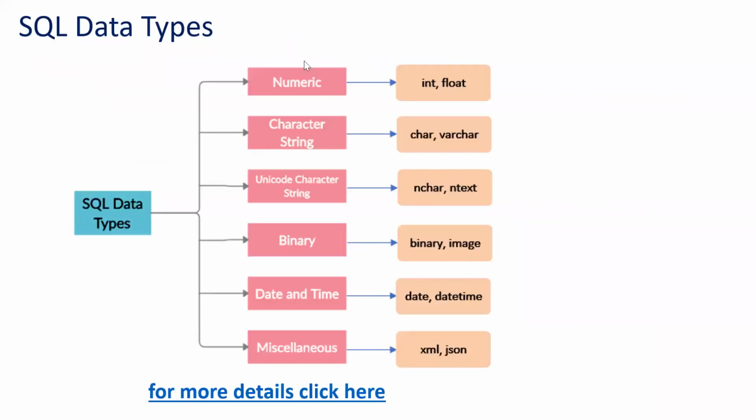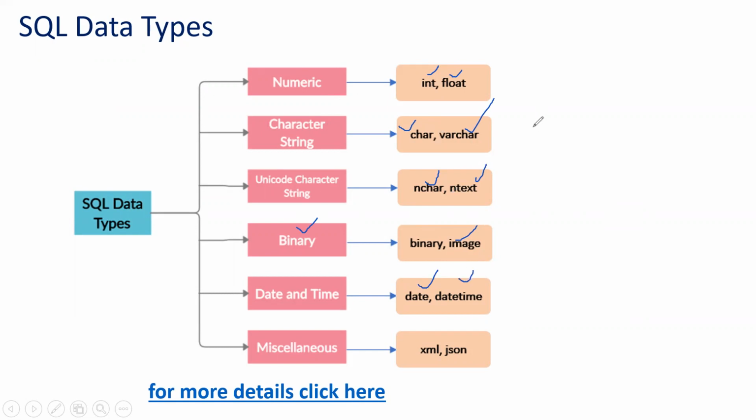What are the data types available with SQL? Numeric, that is integer, float. Character string: char, varchar. Unicode character string: nchar and text. Binary, images. These are the keywords.